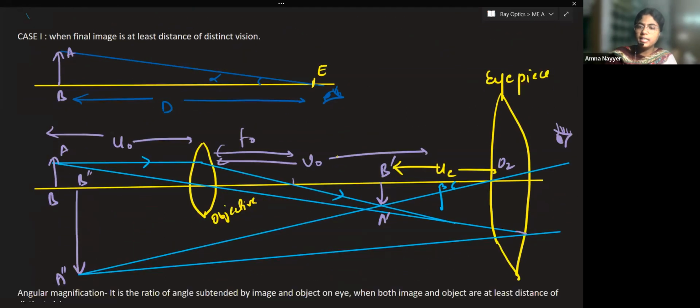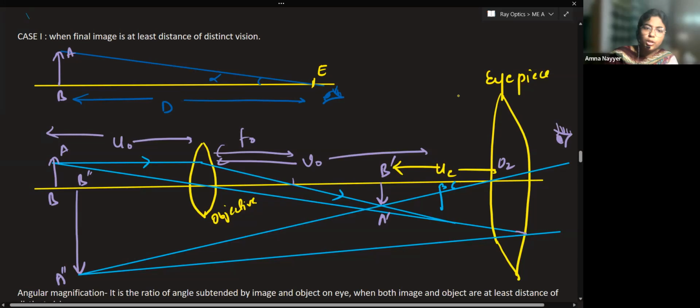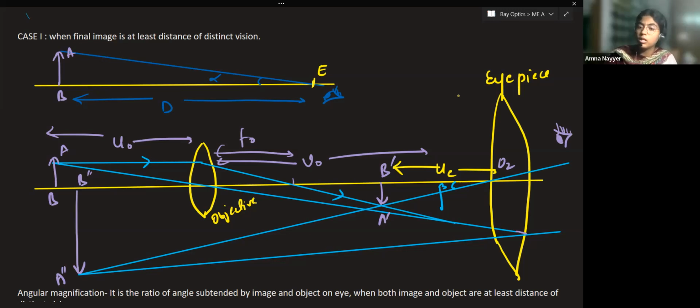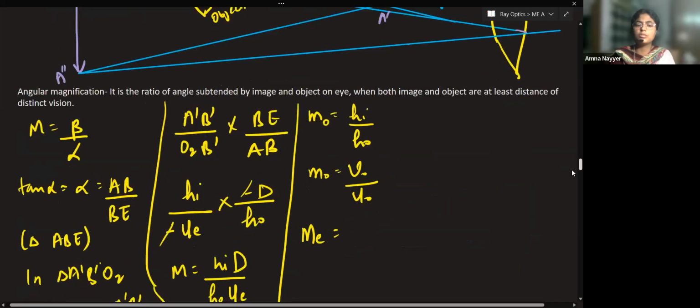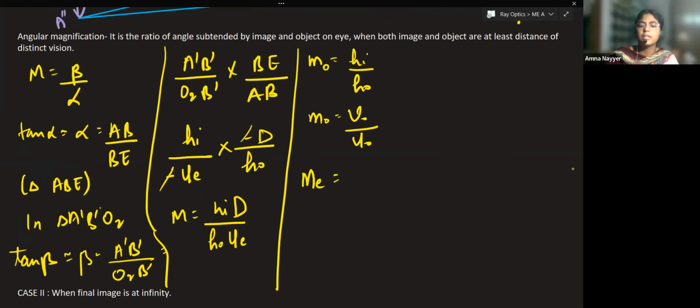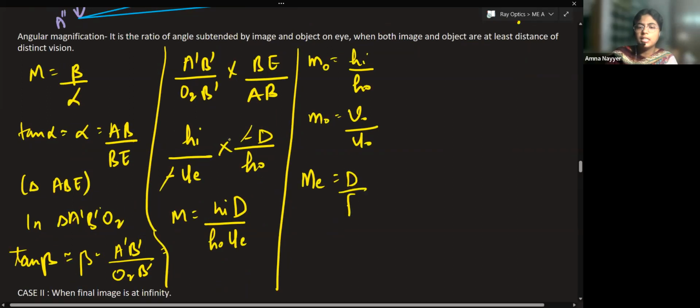If you hide this eyepiece, this acts as a normal convex lens whose magnification will be height of image by height of object, or V0 by U0. If you forget this objective and just remember this is here, then for you it will appear as a simple microscope, which is enlarging the image. So if it is acting as a simple microscope, magnification will be capital D by F plus 1. Fine.